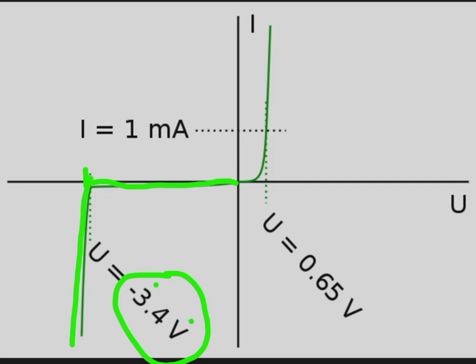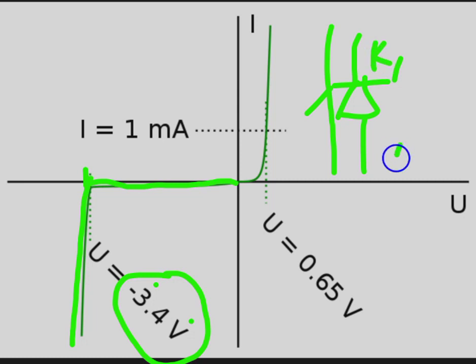So you say that the Zener diode has been turned on, and when it is turned on, it lets the current flow from cathode to anode. Remember, we have explained that the current in a Zener diode will flow from cathode to anode. So this is your cathode, this is your anode, and the current flows in a reverse way, and it holds that voltage of 3.4 volt across its terminals.